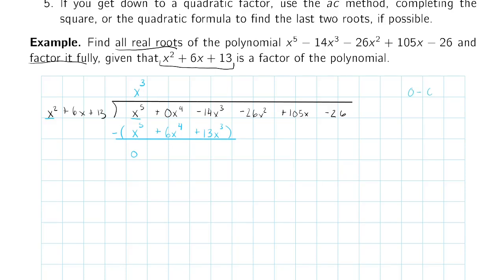We have 0 minus 6 is negative 6, so negative 6x to the fourth. Negative 14 minus 13 is negative 27, so negative 27x to the third. And then we'll bring down negative 26x squared.